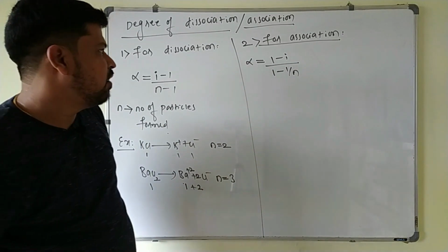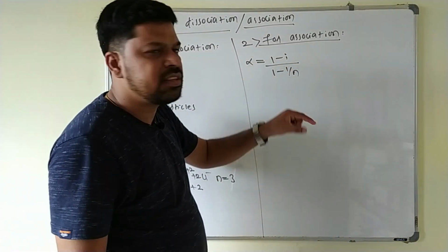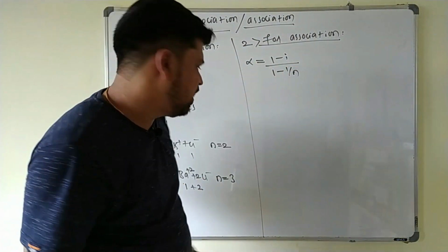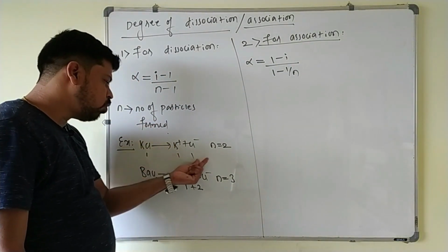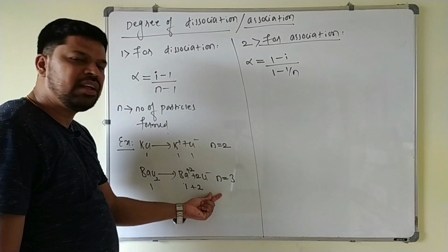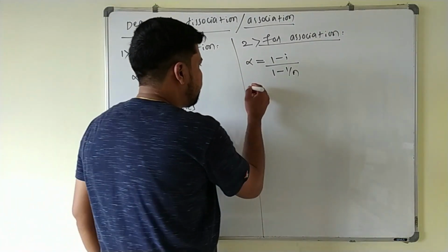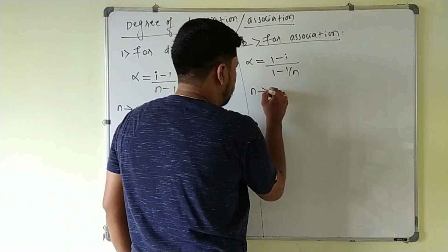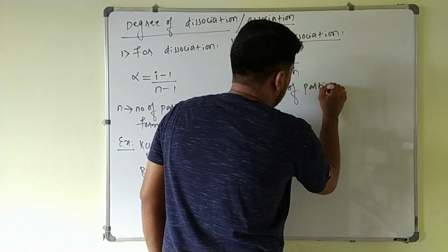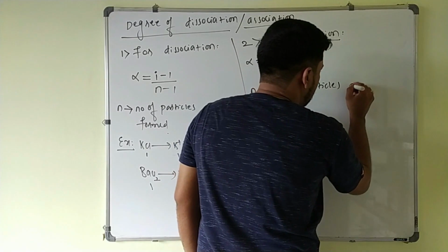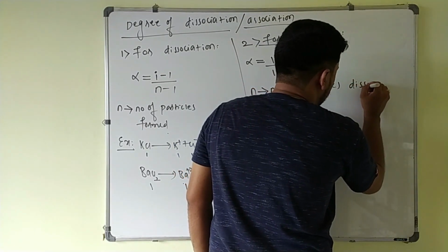Where I is the Van't Hoff factor value, n is the number of particles associated. Here it is dissociated into 2 particles, here into 3 particles. So, n is equal to the number of particles associated.